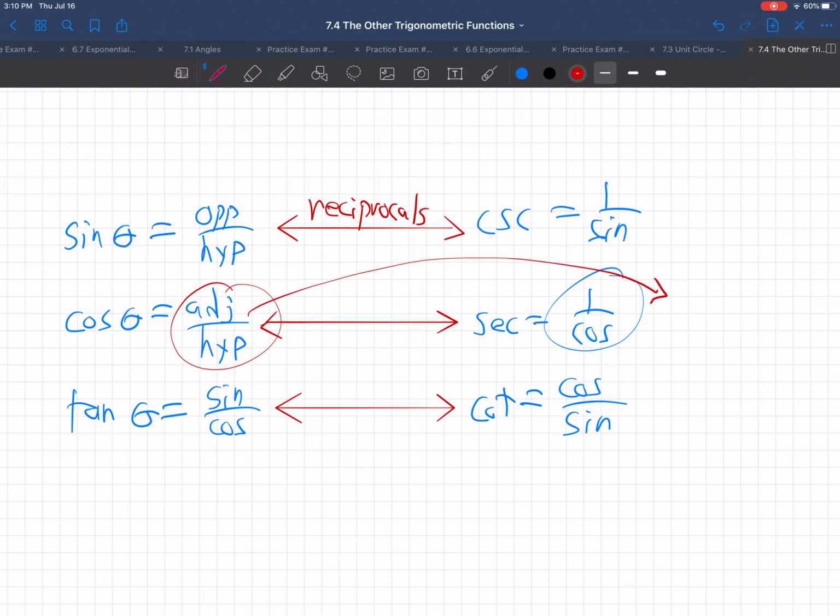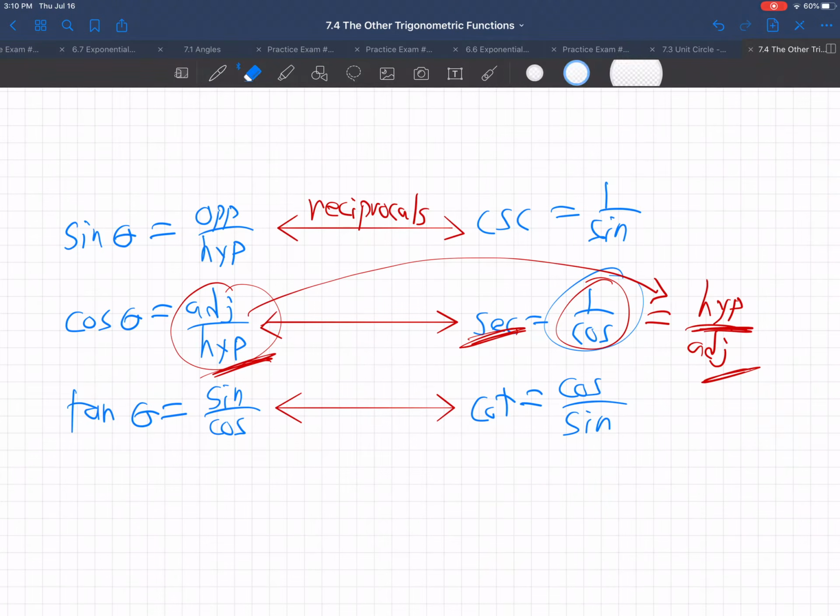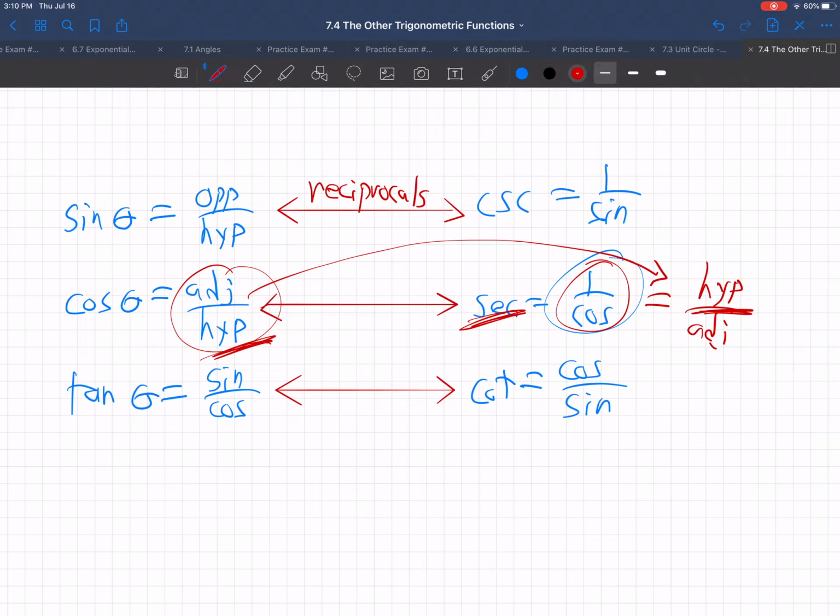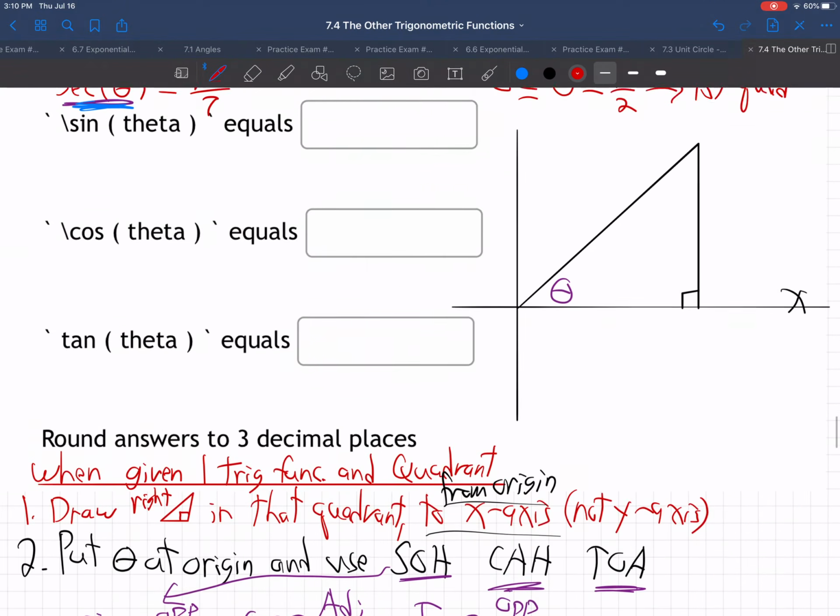So it's upside down of cosine, so it must be hypotenuse over adjacent. See how that's upside down of adjacent over hypotenuse? That's what this means, 1 over cosine, upside down of cosine. So secant must be hypotenuse over adjacent.